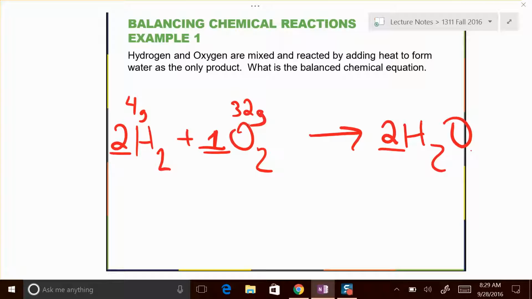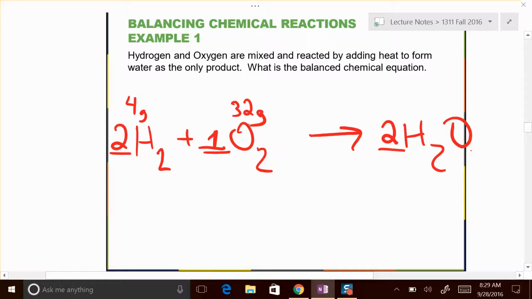How many molecules of H2? I need 2. How many molecules of O2? I need 1. Or in other words, I need 2 moles of H2. That's 6.022 times 10 to the 23rd times 2 molecules of H2 for every 1 mole of O2, or 6.022 times 10 to the 23rd molecules of oxygen.